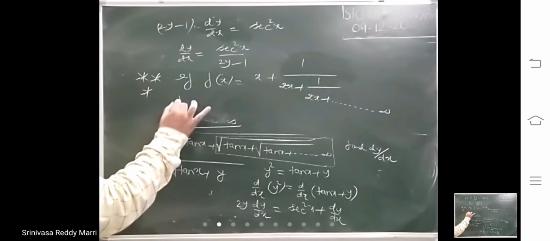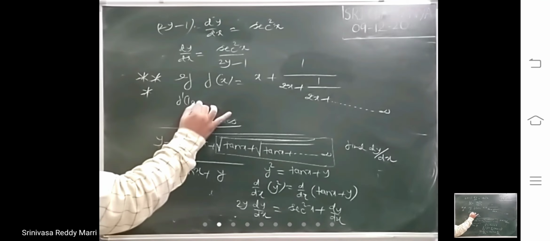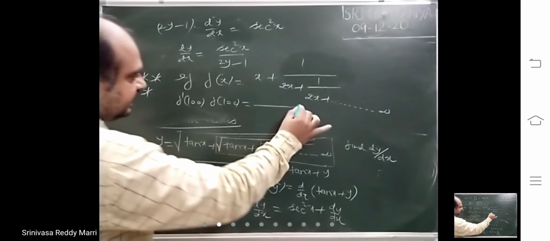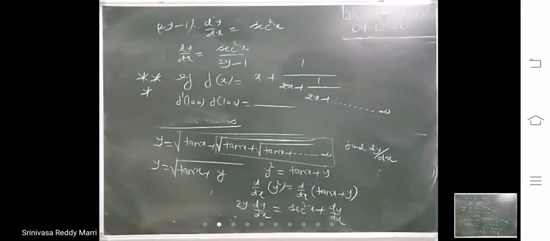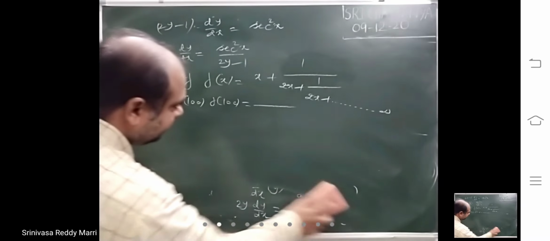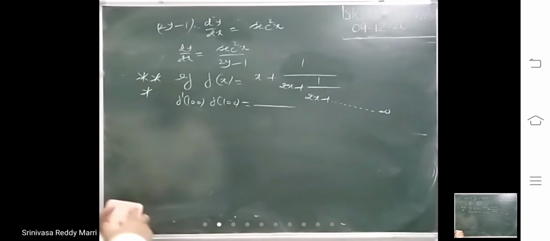Now you have to calculate f dash 100 into f of 100, that is f dash 100 into f of 100.